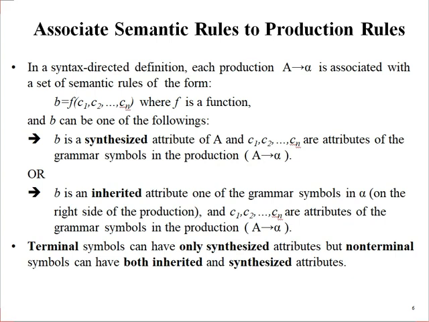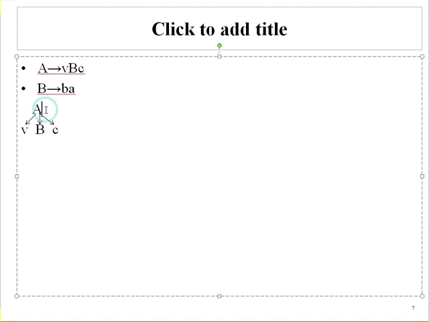When we are associating an attribute, we use the dot notation or dot operator.